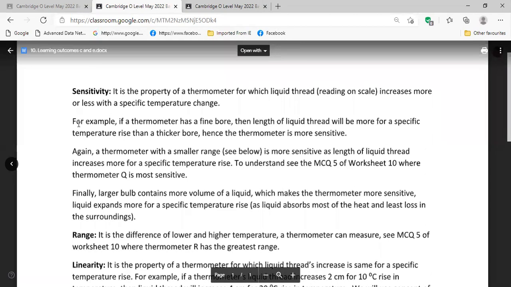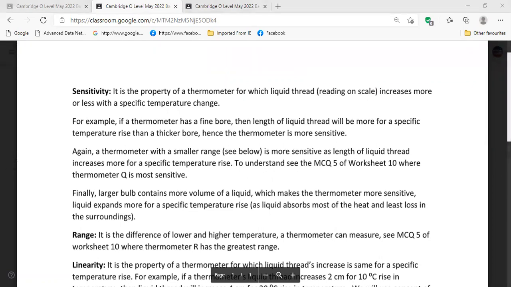This one is very easy for you to understand, and there are some more factors which are affecting the sensitivity. We will discuss them. First, you write this sensitivity, you write the definition, then you write this first example. Sir, should we copy the whole thing? Not the whole thing.